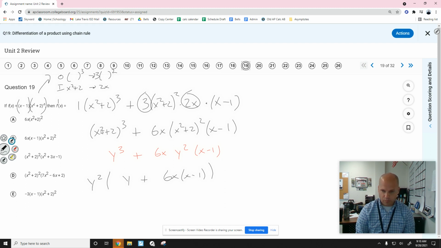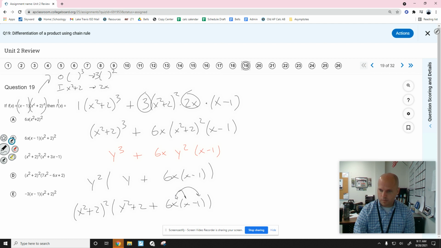Now, what did I do? I replaced x squared plus 2 with y. So let's go ahead and just re-replace it. This is looking better. (x squared plus 2) squared, (x squared plus 2) squared. Okay, cool. Well, what else can I do?